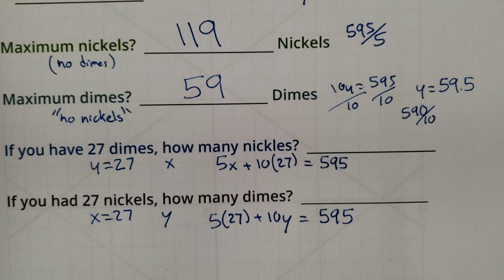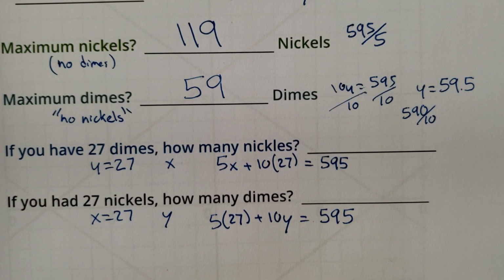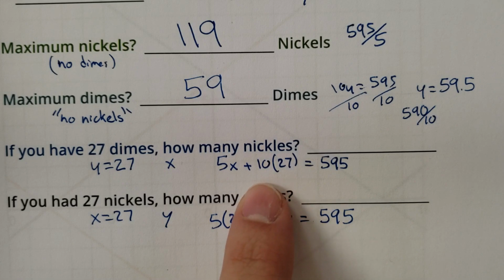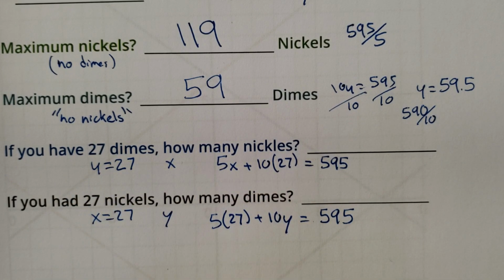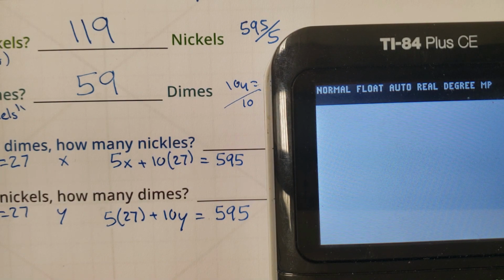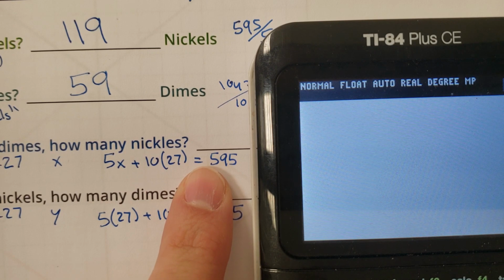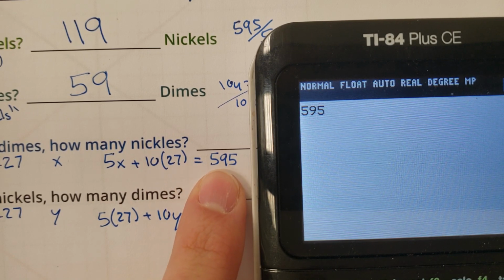So I'm just giving you numbers to plug into the equation to find the other one. The rule is, if you have 2 variables, you need one of them to at least find the other one. It's hard to solve for 2 variables. It's easy to solve for 1. So if I give you 1, you should be able to find the other one. I'm going to do these all in one big swing here. If I were to solve it algebraically, you start with the 595.